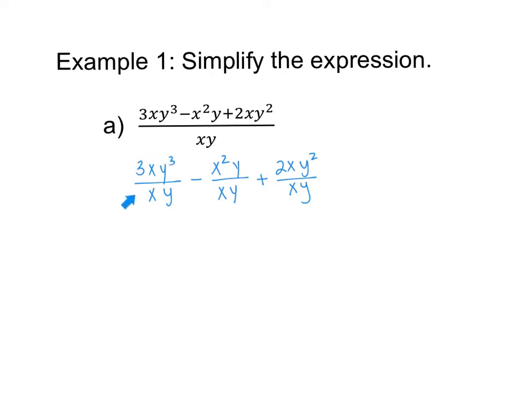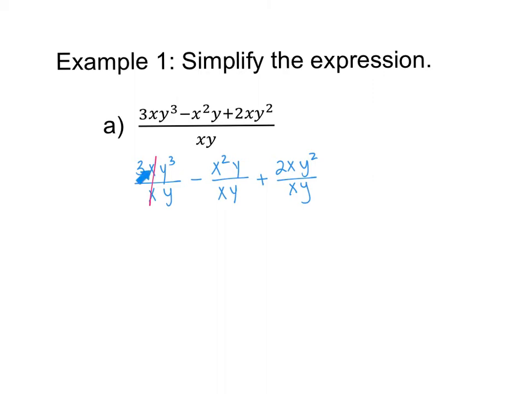So what I can do is just focus on each fraction one at a time and reduce it like I did in the warm-up problem. So the first thing I notice is that there's a 3 here, so I'm going to ignore that because there's nothing I can simplify in the denominator. But both of these have an x. So anytime both of them have an x, they actually cancel. So both of them had an x to the first power, so they completely cancel.